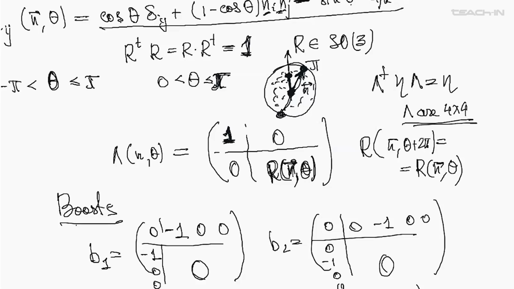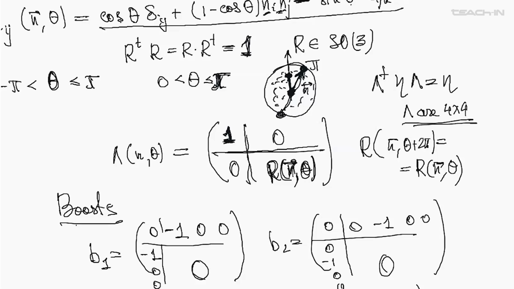Boosts are Lorentz transformations which involve the time direction and one of the spatial directions. So when I say embedding, I'm describing how three-dimensional rotations, or rotations of the coordinate axes x, y, z among themselves, sit inside this 4 by 4 matrix of general Lorentz transformations.